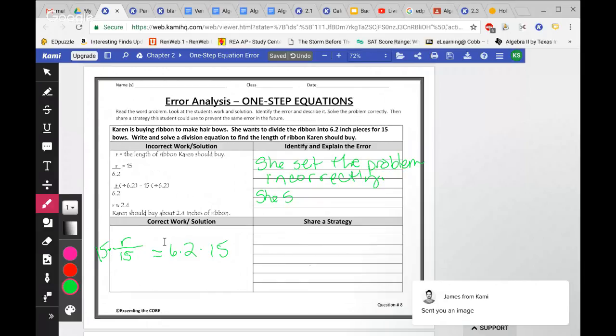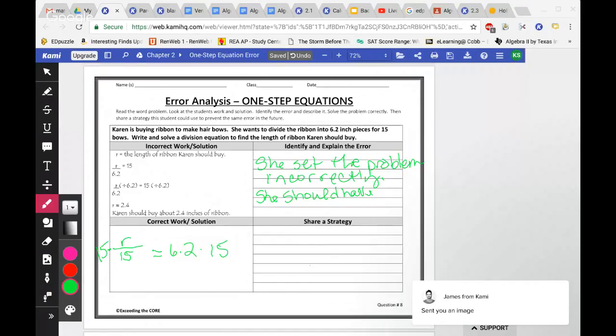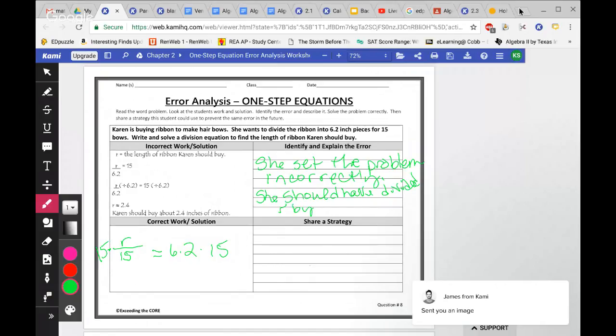She should have divided R by 15 and set it equal to 6.2.